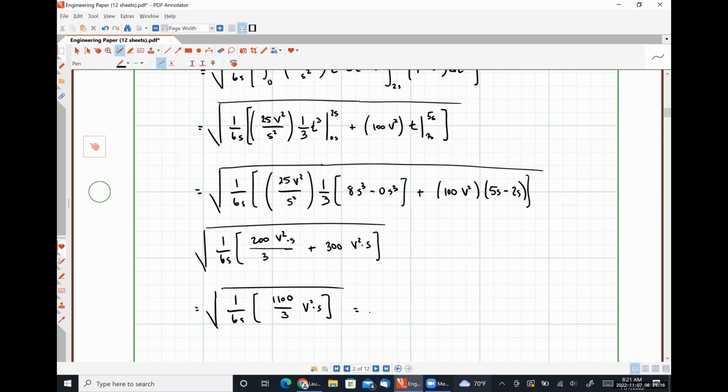And this is going to look like 1100 volt squared seconds over 18 seconds. I'm going to use my calculator because I can't do 1100 over 18 in my head. Sorry, what was that? Okay.